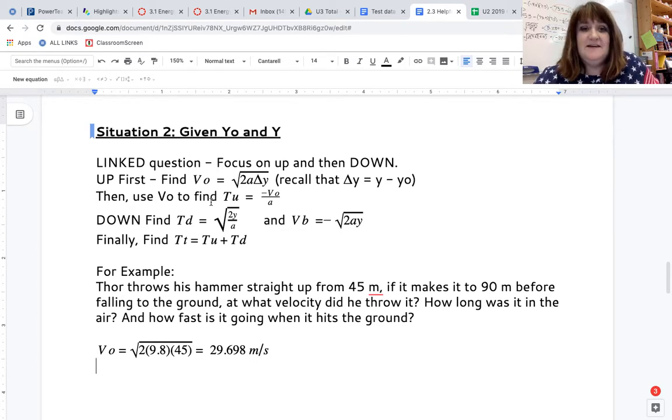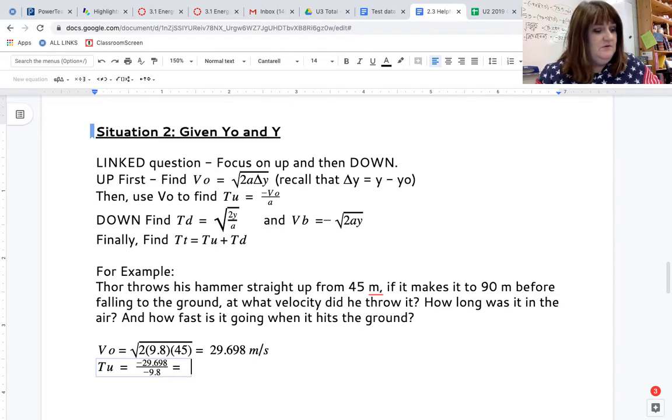Okay. Then we want to find time up. And again, new equation, time up is equal to the fraction of negative 29.698 divided by a negative 9.8, which will equal... Be sure to use your negative button, not the minus sign, 3.030 seconds.